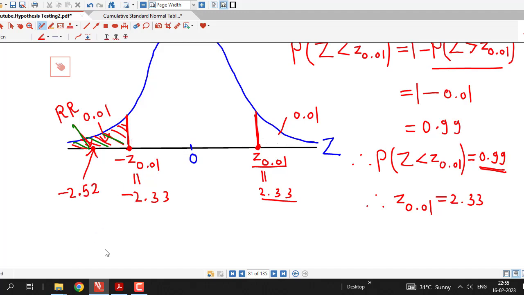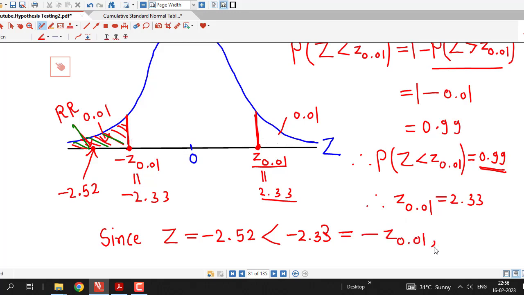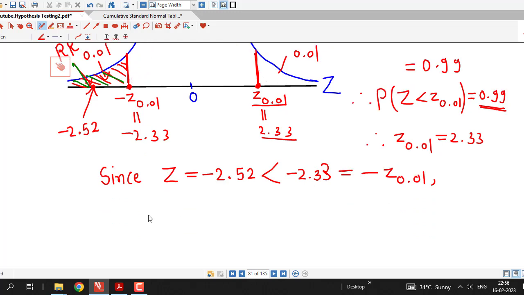That means we are in the rejection region. Here we can write that since Z equal to minus 2.52 is strictly less than minus 2.33, that is minus z suffix 0.01, we are in the rejection region, and therefore we reject the null hypothesis.